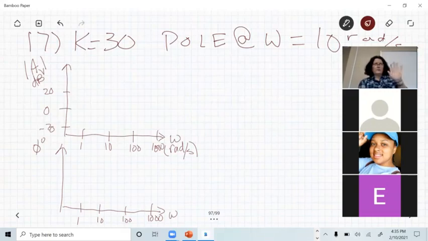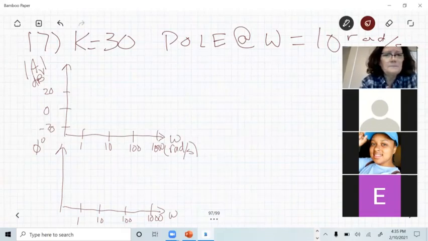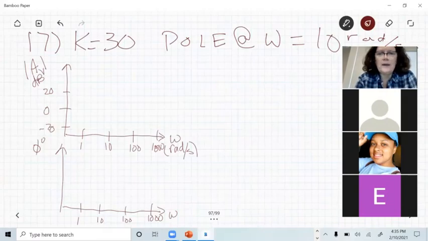Much neater versions of these graphs using rulers and pencils are in these slide solutions. So the first factor I want to do is K equals 30. Well, I've got to put that into dB.